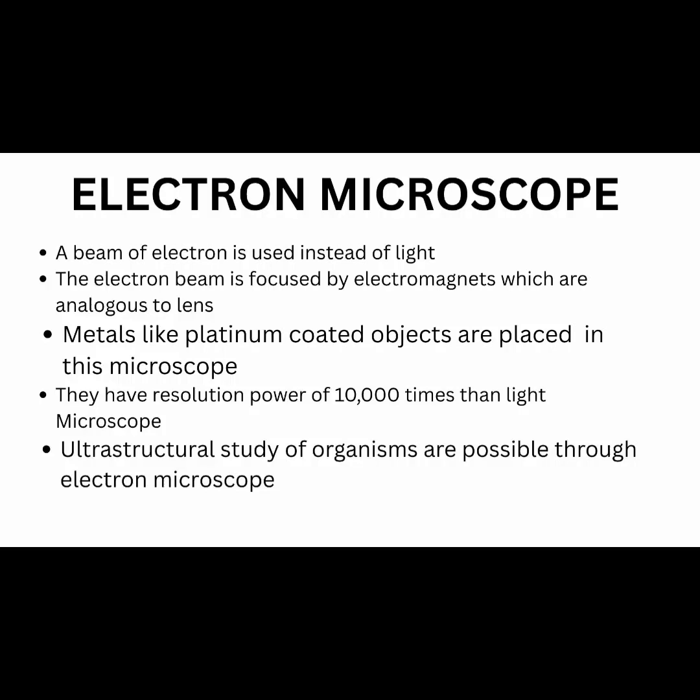They have the highest resolution, about 10,000 times that of the ordinary light microscope. So the ultrastructural study of organisms is made possible through the electron microscope. They have the highest resolution power, so we can see the detailed structure of the organisms.